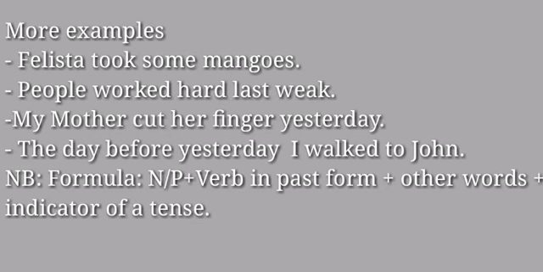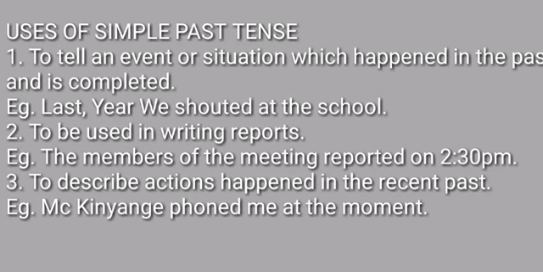The word Ferista is a noun, took is a verb, other words are some mangoes, the indicator is yesterday. Or, my mother cut her finger yesterday. My mother is a noun, cut is a verb, the other words are her finger, and the indicator here is yesterday. Let us see now the uses of this past tense or simple past tense.